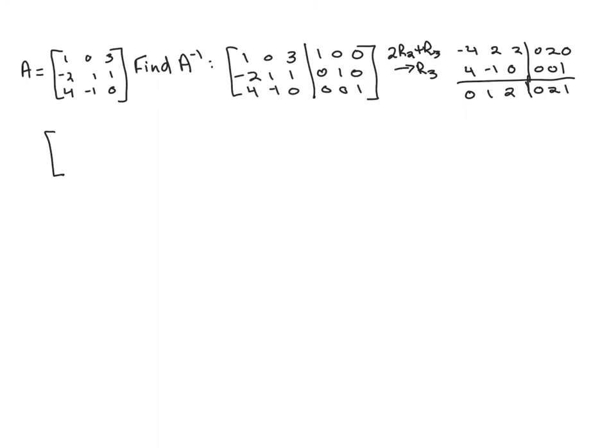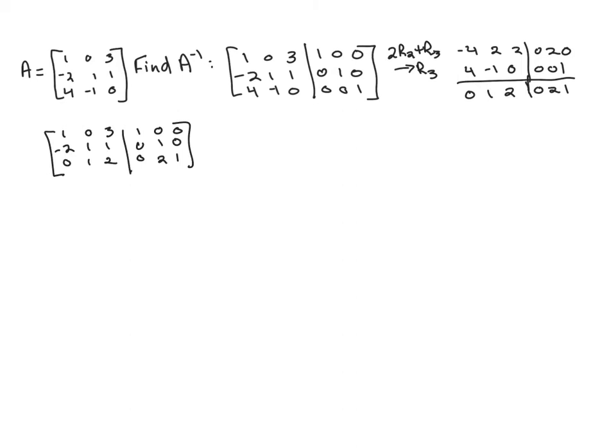So my new row 3 is 0, 1, 2, 0, 2, 1. And row 2 stayed the same. Row 1 stays the same. We're going to deal with him at the very end. And that 0 is going to be nice because he's already there.